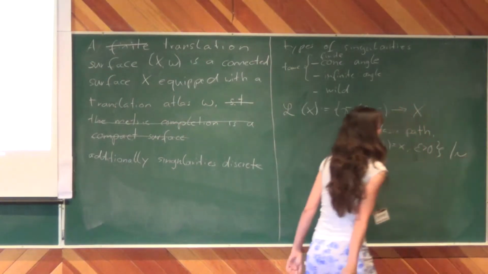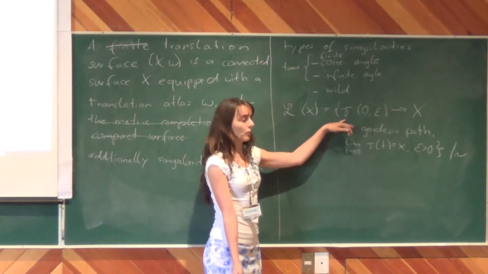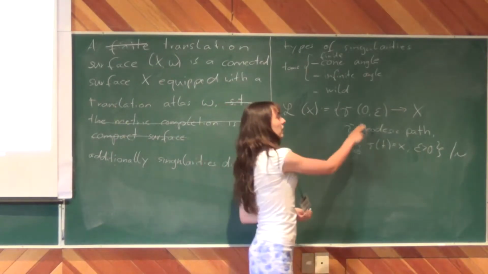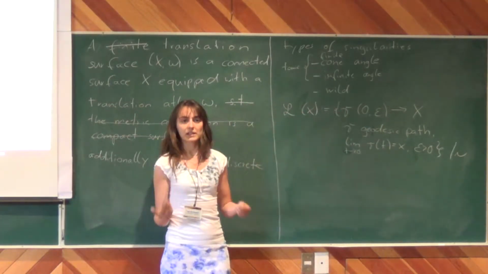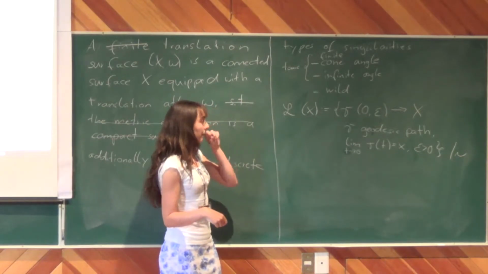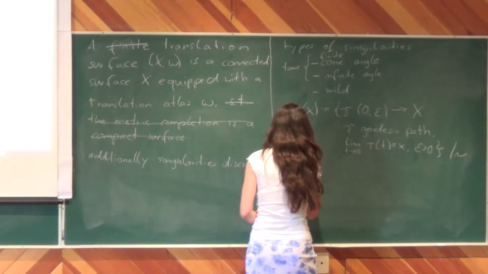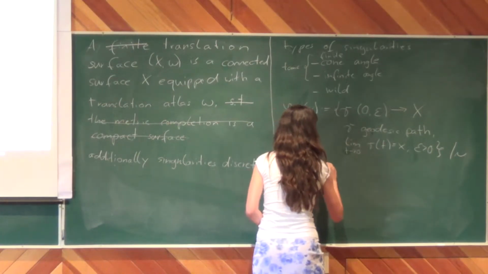And we identify gamma 1 and gamma 2 when they are the same on 0 to the smaller epsilon. So we have really something like the directions. Such an equivalence class of gamma is called a linear approach.